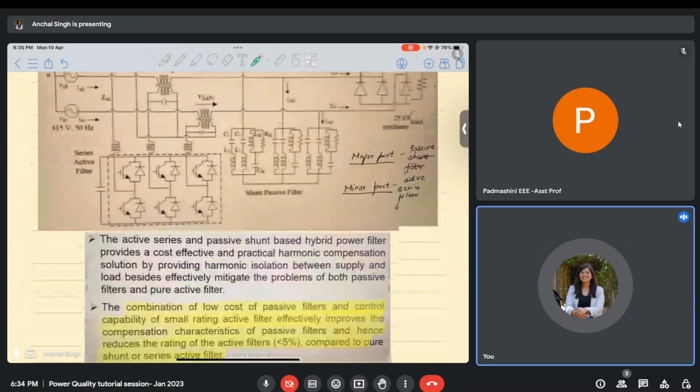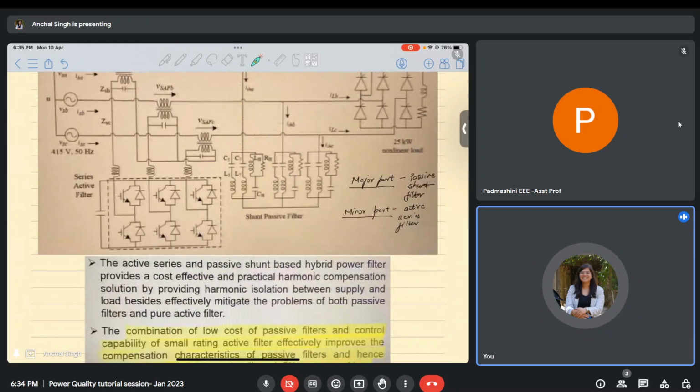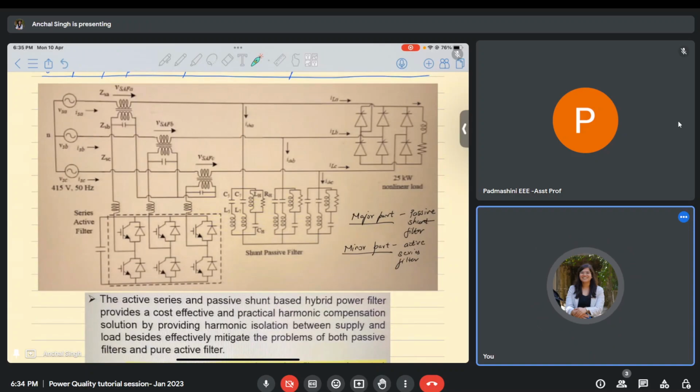Again, the advantage of this topology is similar to the advantage of our previous topology. In both the topologies, due to the presence of passive components, the sizing of the active filter is reduced, and because of that, the overall cost of this hybrid filter is less than the system where we would have put a whole active filter.